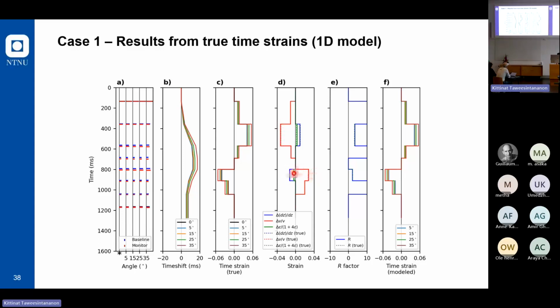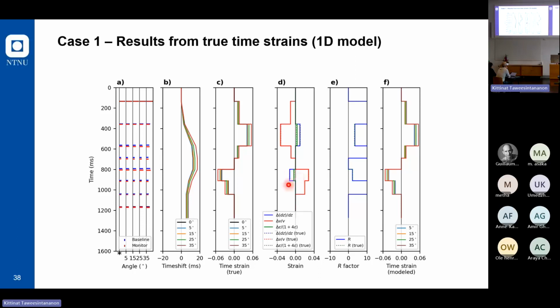But in the reservoir, in a producing field, you normally have a collapse of the thickness. So thickness strain is negative, but since the rock layer is collapsed, you increase the velocity or increase the density of the layer. So velocity strain is positive here.